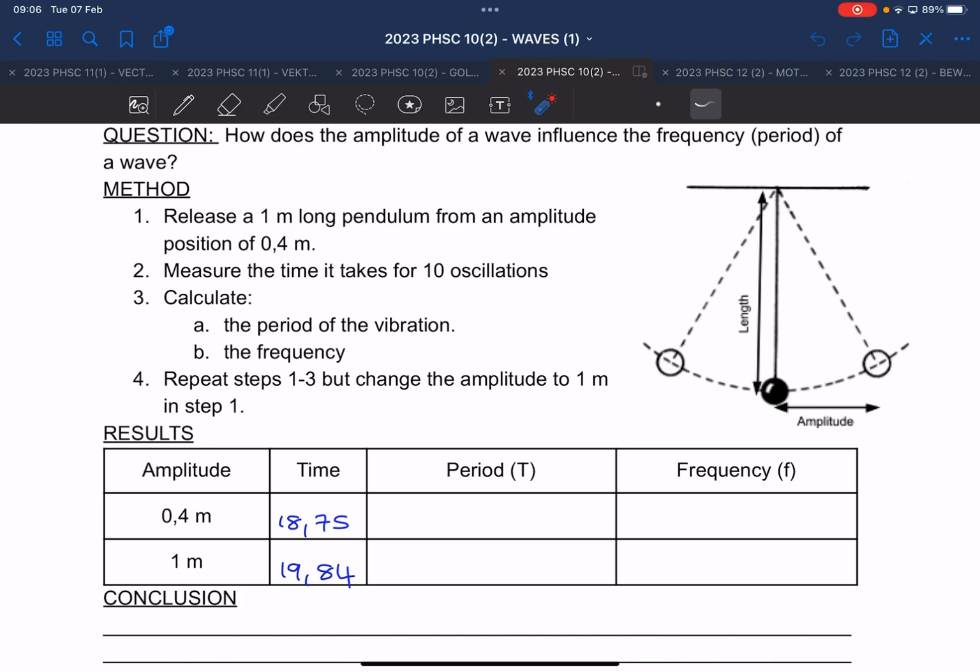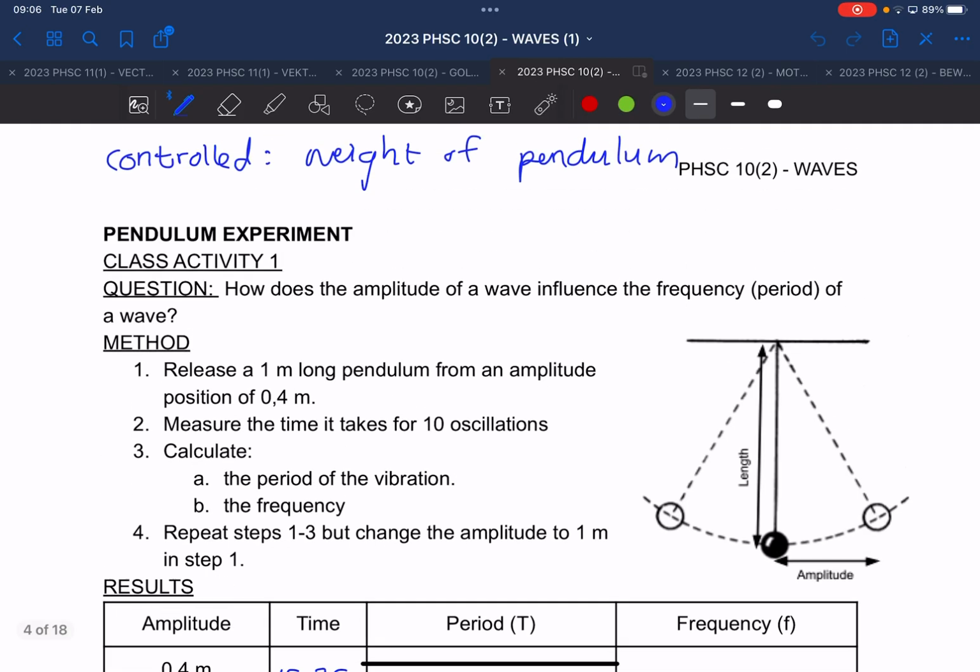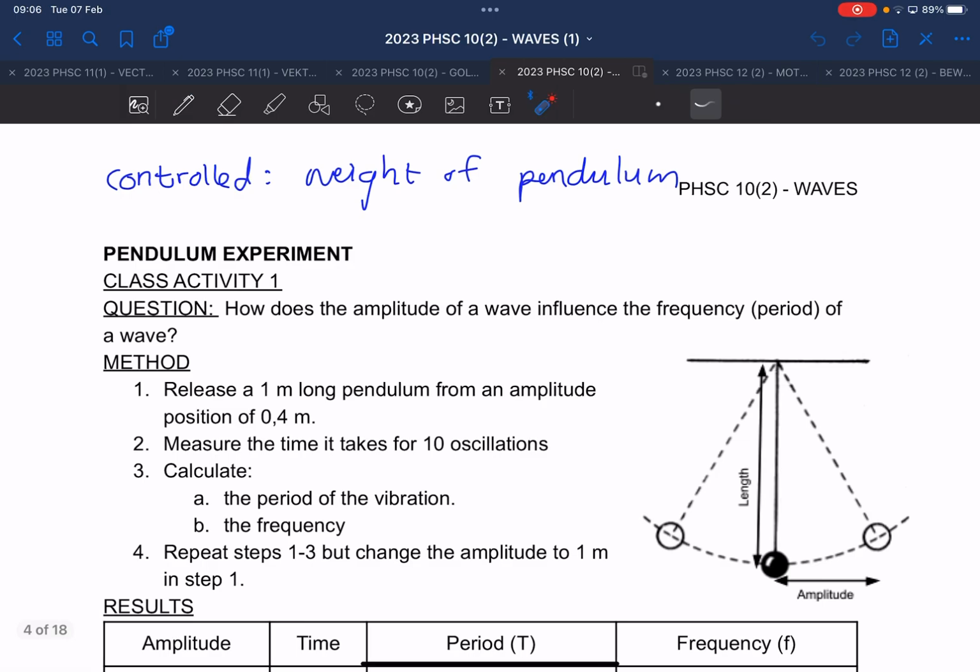Okay? Alright, so if we want to do an experiment, we want to determine something, we have to keep certain things constant. Now what we keep constant here is we kept the length of the pendulum. So, yesterday we said we kept the weight of the pendulum, so we didn't change the weight. We kept the length of the pendulum the same, and the people that conducted the experiment we kept the same.